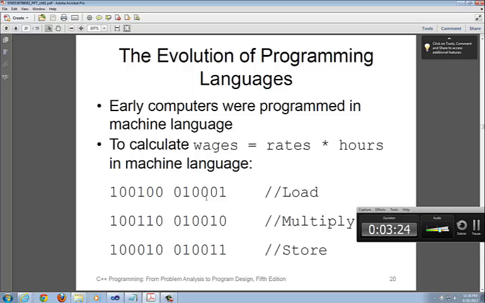The evolution of programming languages, I want you to look at, but before I read through this, I want you to look at this first formula to calculate wage: wage equals rate times hours. This is very important, and I want to put the seed out there. If you look at the equal sign in programming, anywhere you put an equal sign, you're telling it that the right side equals the left side.